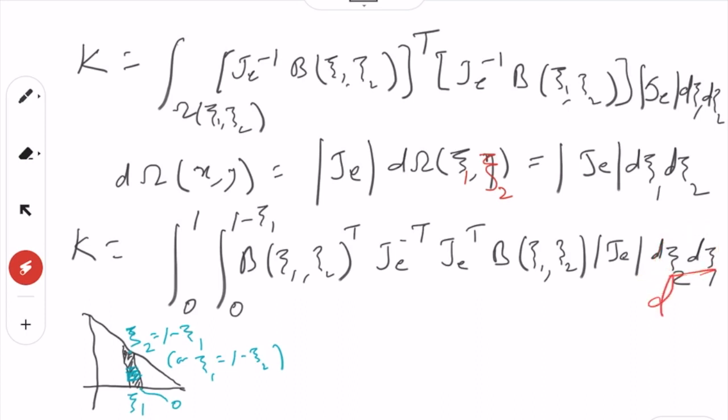These constant values will come out, and you will have just this d omega, which is d omega in xi 1, xi 2, equal to the area of the triangle.